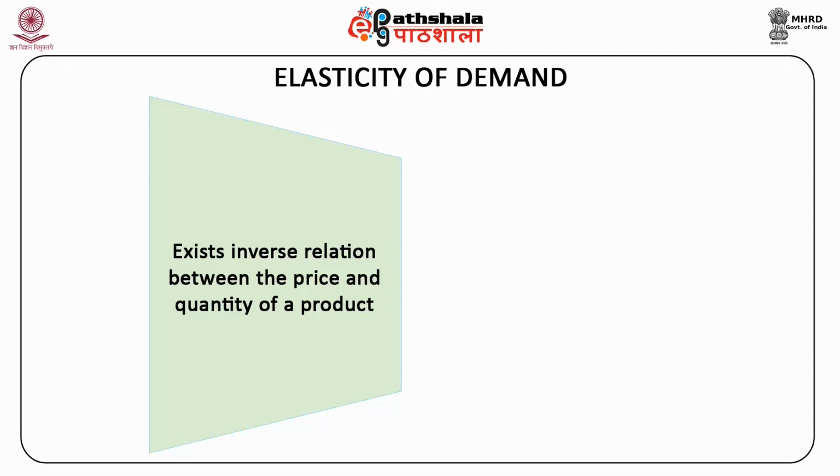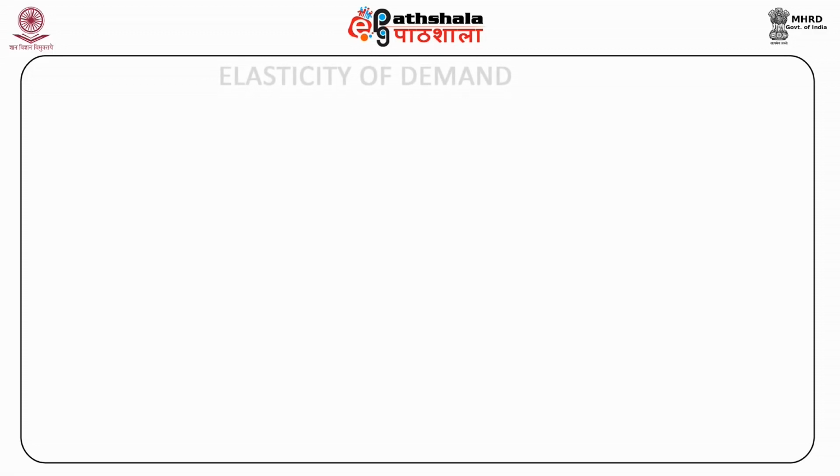Hence, the new and final elasticity formula becomes ED = −(change in Q / change in P) × (P / Q). Now, we will understand the meaning of demand elasticity.